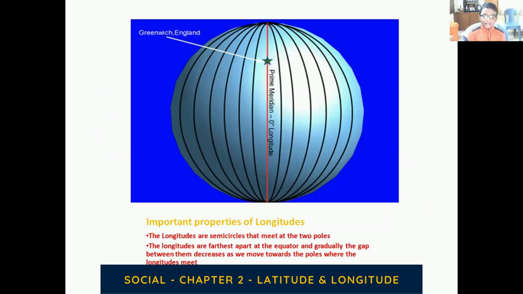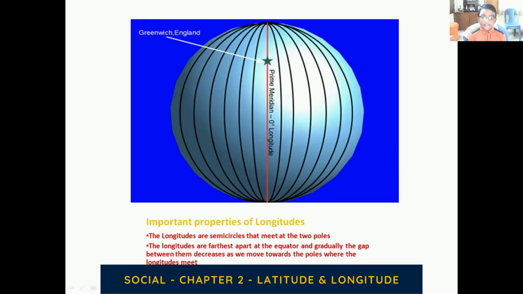Important properties of longitudes. 1. The longitudes are semicircles that meet at the 2 poles, the North Pole and the South Pole. 2.